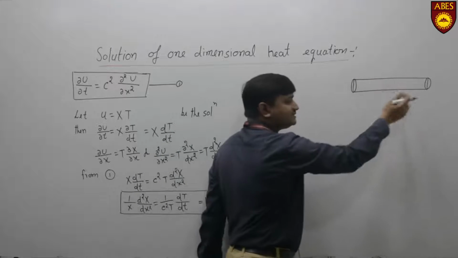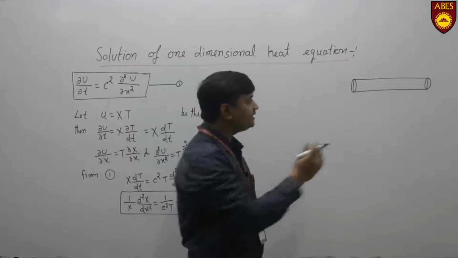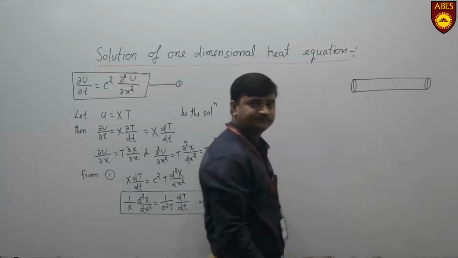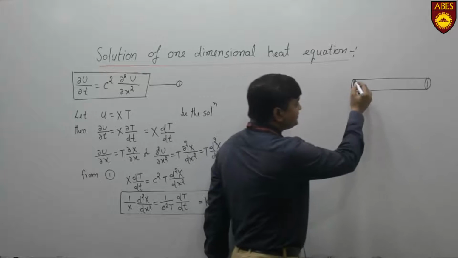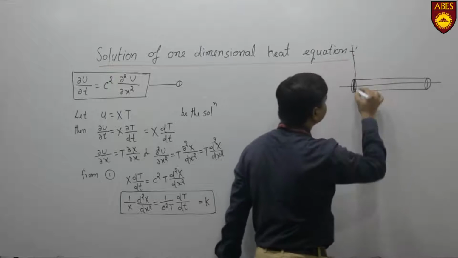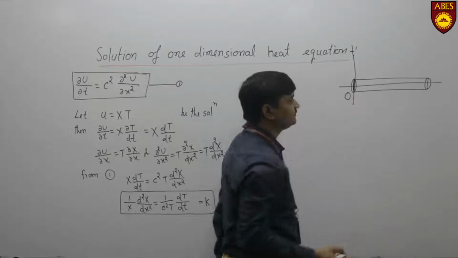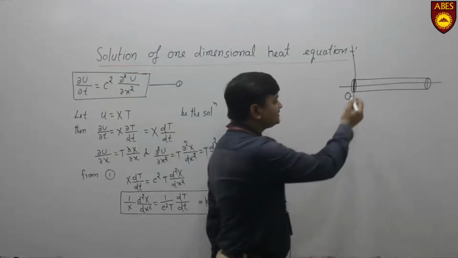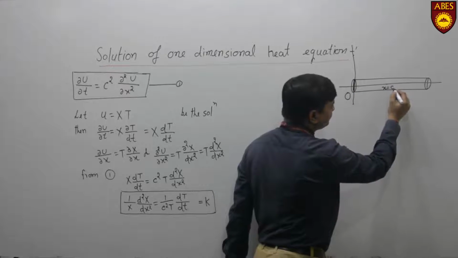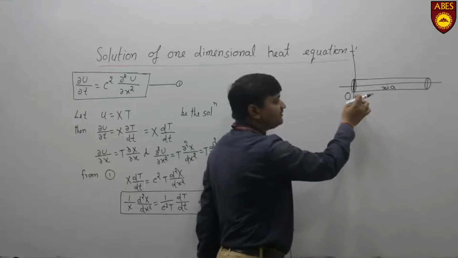Assuming the lateral surface of this body are insulated and no heat is allowed to transfer from any of the ends. Considering one end of this body at origin, we can understand the point x = a may be considered as at a distance of a units from the first end.